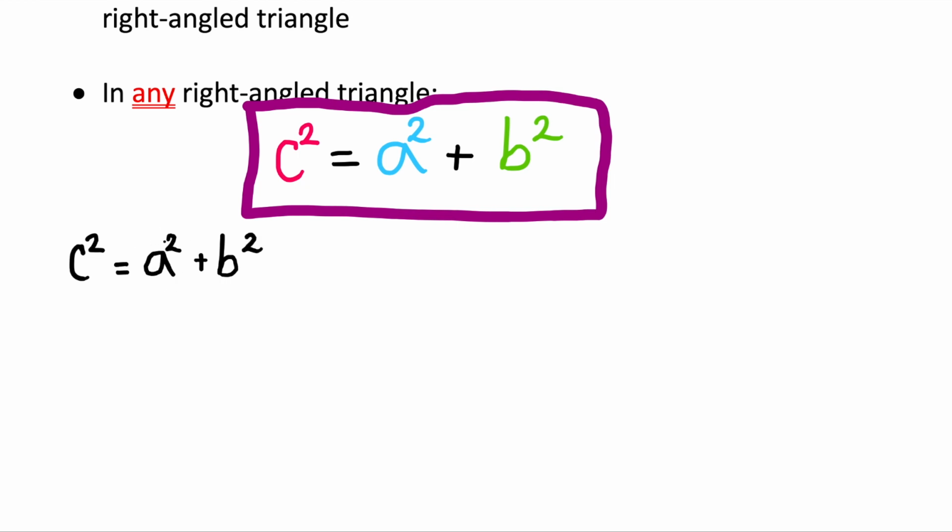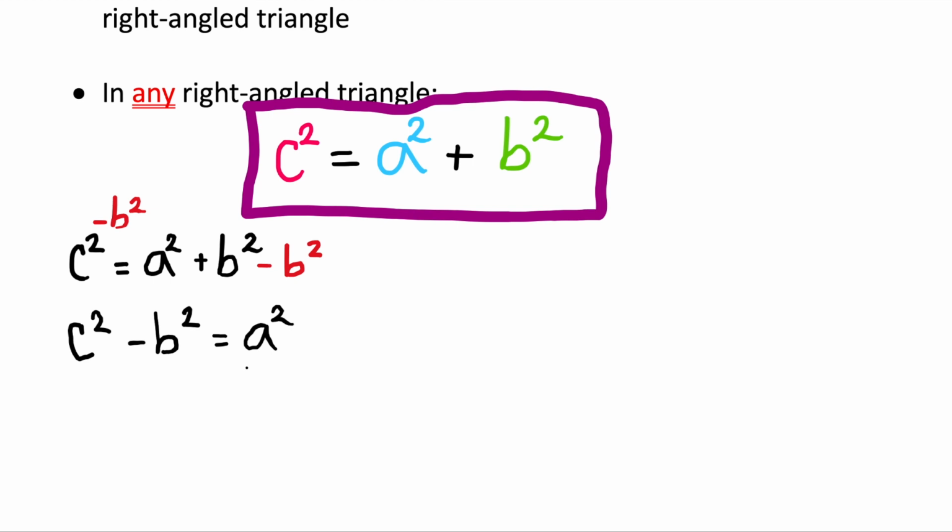So if I have to find a, what can I do? I can subtract the term b squared from both sides. So I'm going to say minus b squared on this side, and I do the same thing on the other side, minus b squared. And I get c squared minus b squared equals a squared.